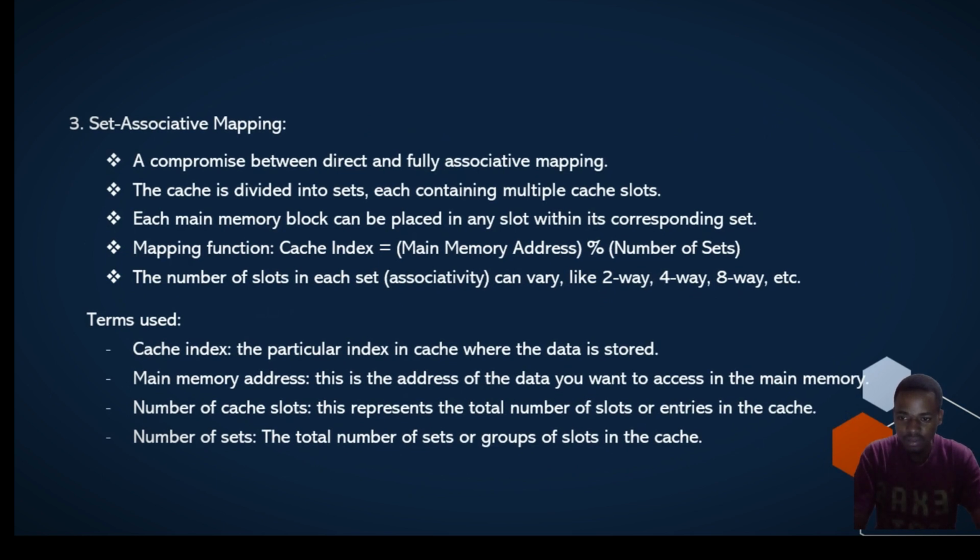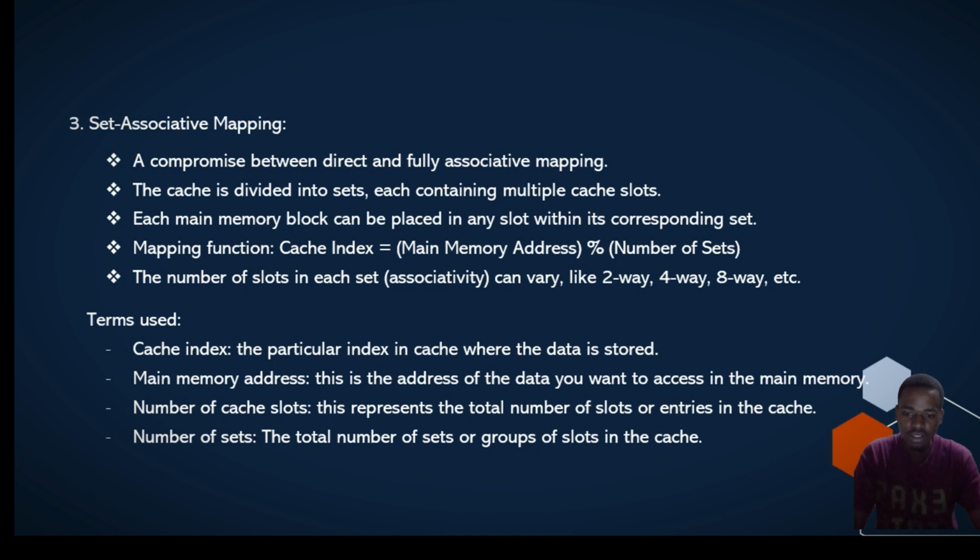Then the last one, which is set associative mapping. This is a compromise between direct and fully associative. So the cache is divided into sets, each containing multiple cache slots. And each main memory block can be placed in any slot within its corresponding set. And there goes its mapping function.